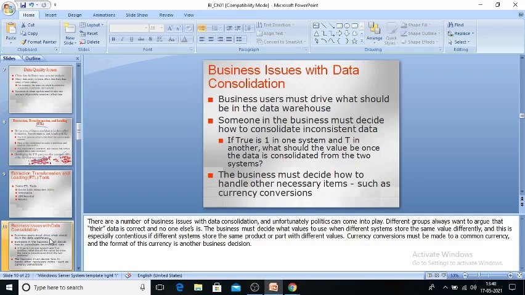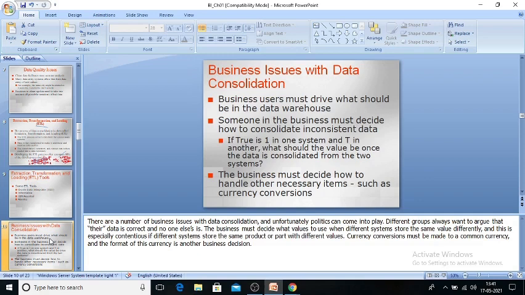Okay, they're going to use the thing T, capital T, to store the value true instead of 1. Someone in the business must decide how to consolidate inconsistent data. This is inconsistent, right? We want to make it consistent by making a single format.